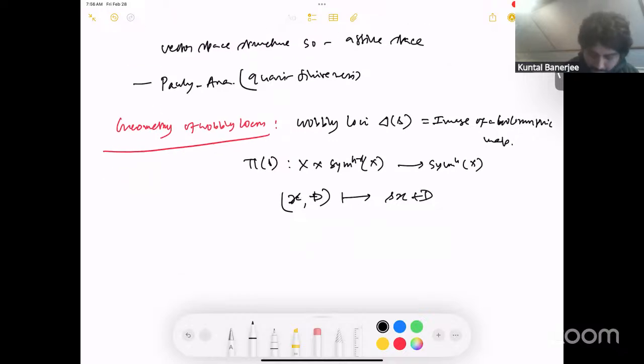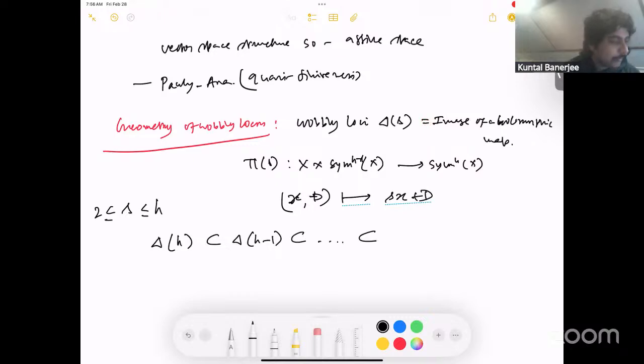Okay. And our s will run from 2 to h. And if you construct a very nice filtration of subvarieties, this delta 2 is our wobbly locus.